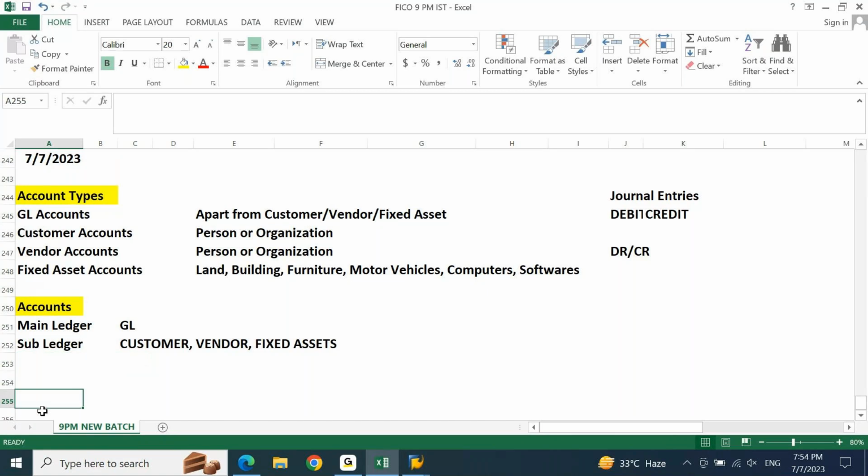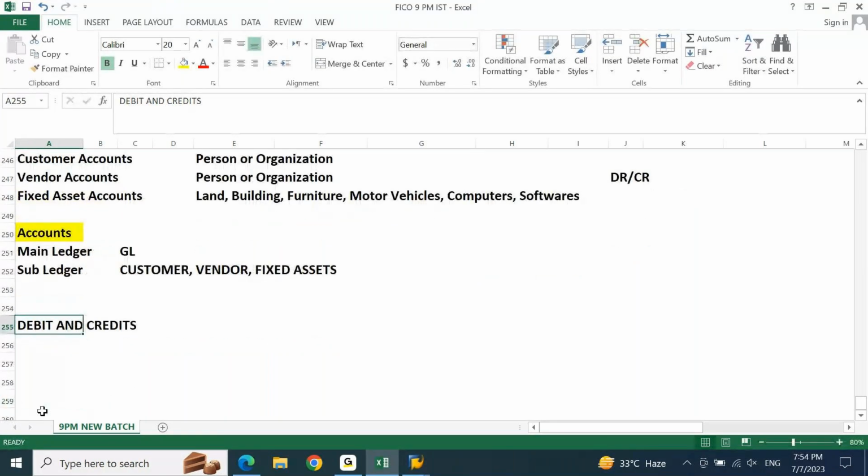Next thing, I am going to write debit and credit. When I write debit and credit, first I will put GL, next I will put customer, next I will put vendor, next I will put assets.